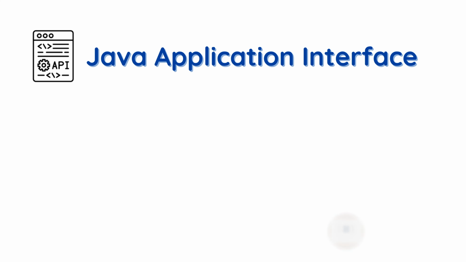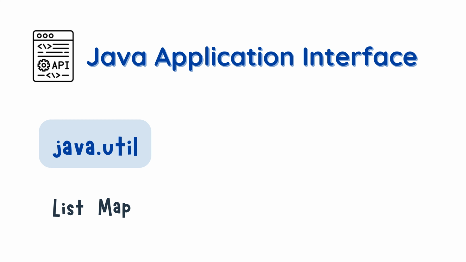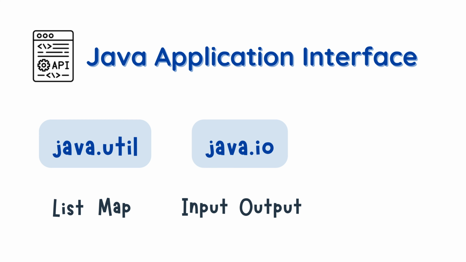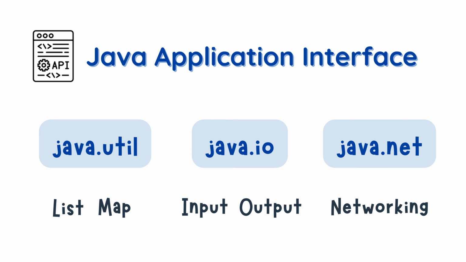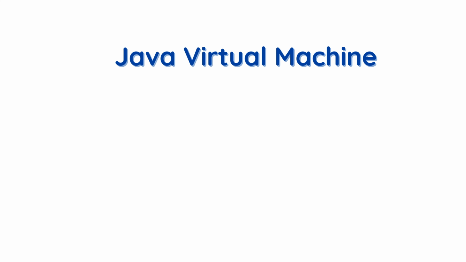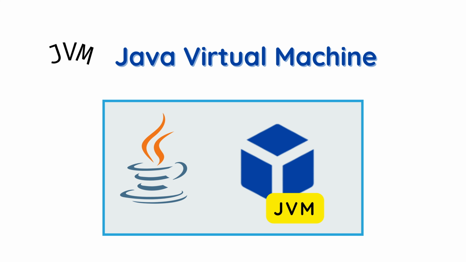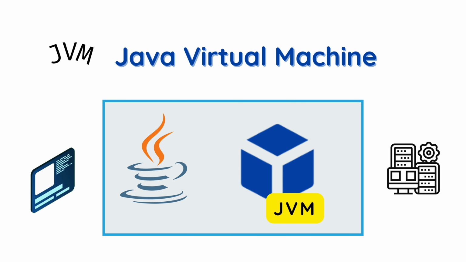For example, java.util is used for data structures like lists and maps, java.io for input and output operations, and java.net for networking tasks. The Java Virtual Machine, or the JVM, is the core of the Java platform. The JVM is responsible for executing Java programs, and it's designed to work on various hardware platforms.